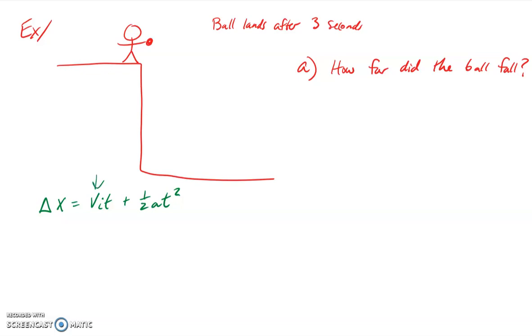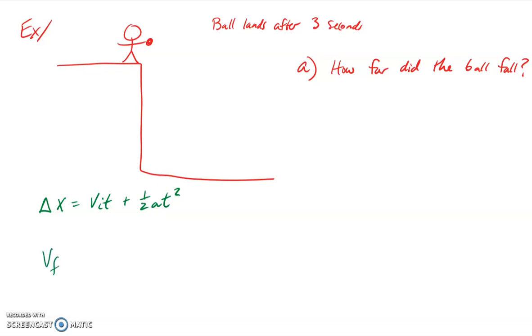VI is how fast something is moving at the very beginning of the problem. T stands for time. It appears twice in this equation, once here, once here. A is your acceleration of your object. If we're talking free fall, it's always negative 10 for Earth.